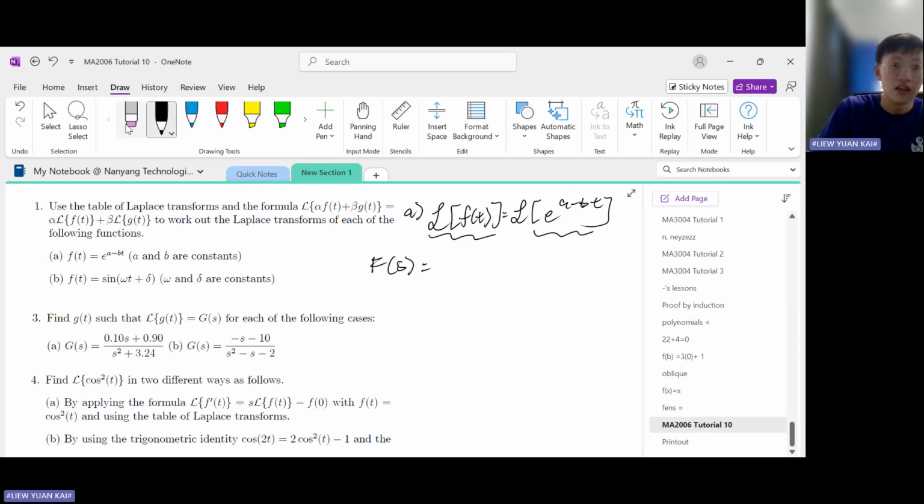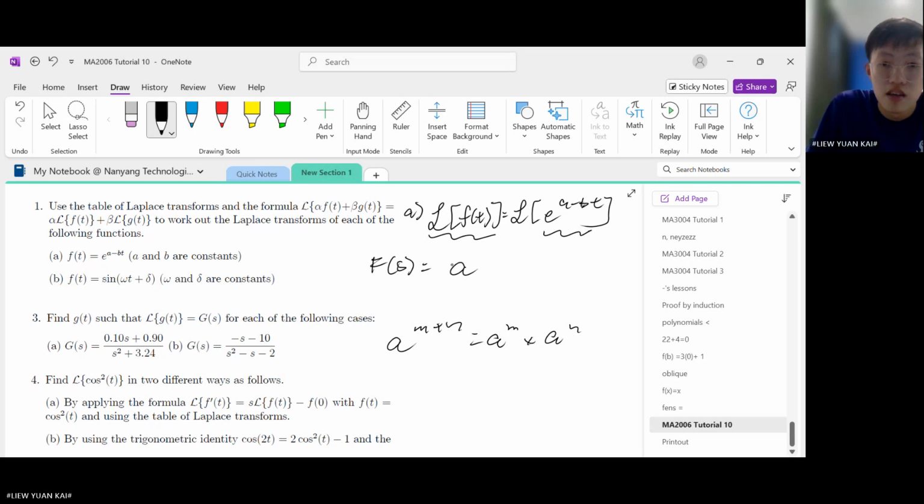To deal with this, we need to split up this exponent into two separate terms. What do I mean? Remember the laws of indices, which states a to the m plus n is equal to a to the m times a to the n. So what we need to do is split this into e to the a times e to the minus bt.